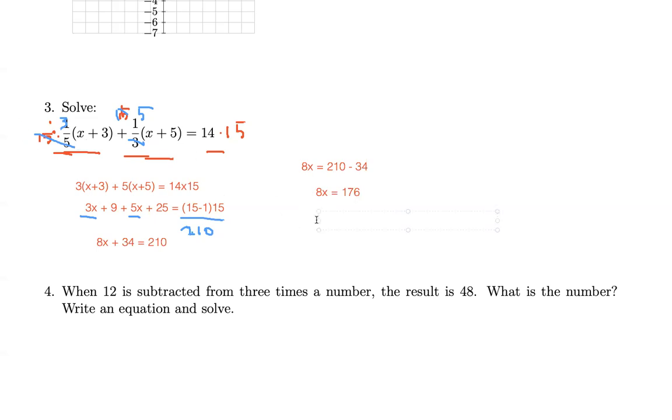Then x equals 176 divided by 8. If we cannot divide in one shot, it's actually easy, right? 2 times 8 is 16. Then 2 times 8 is 16. So this is 22. x equals 22. That's for this one.